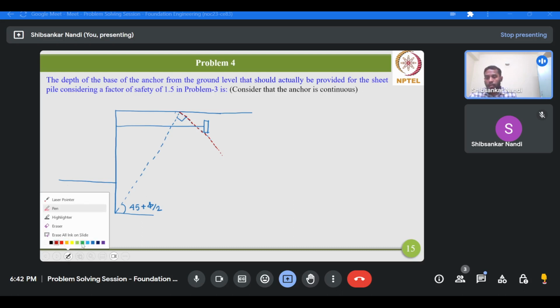Now coming to the vertical location, suppose this height is B and the total height from the ground level is HE. One more condition is that we are considering this B value as HE by 2.